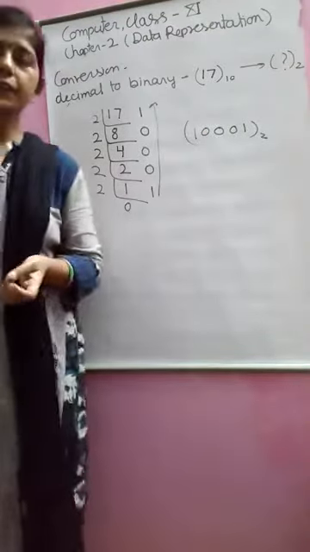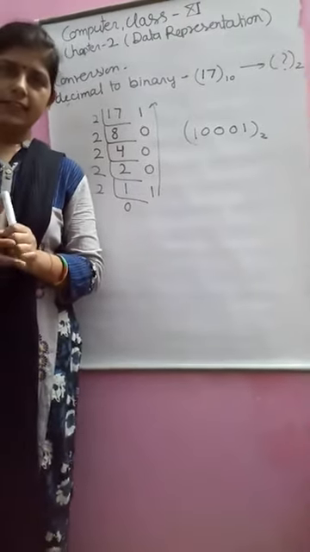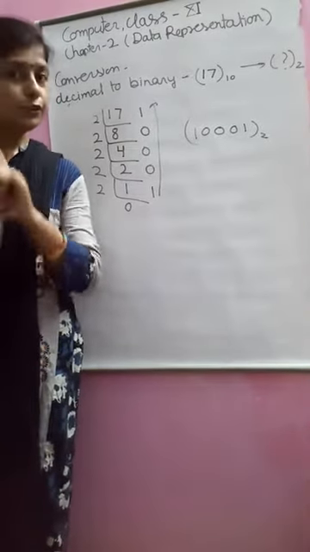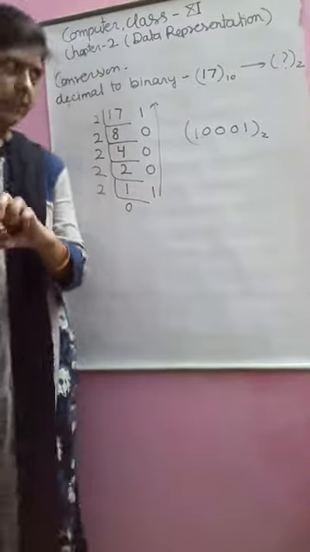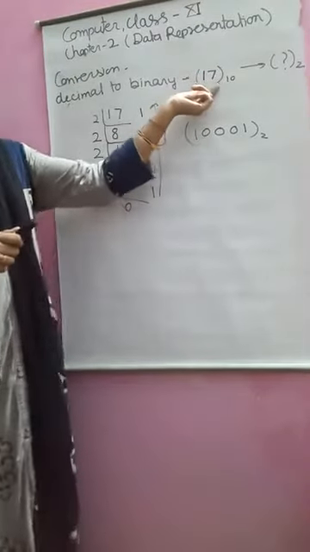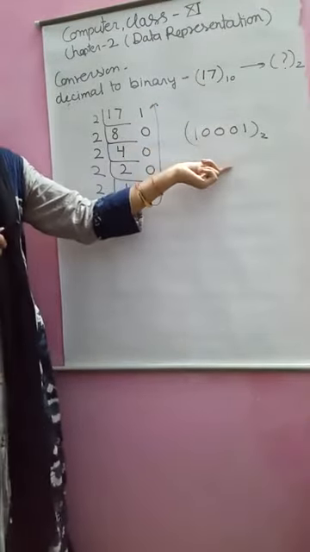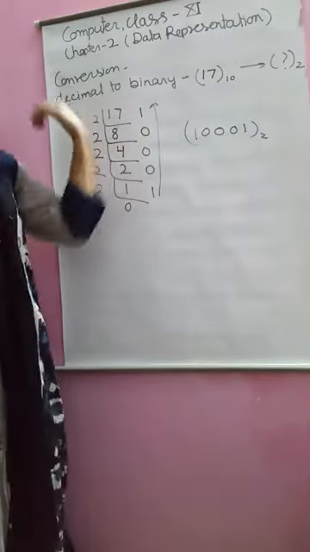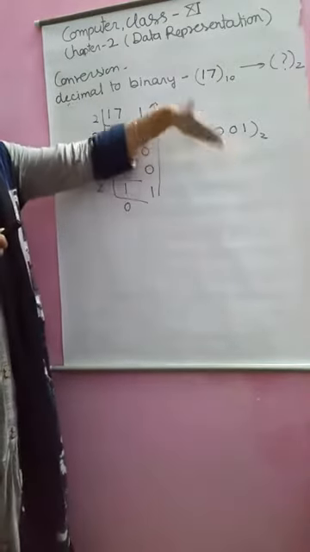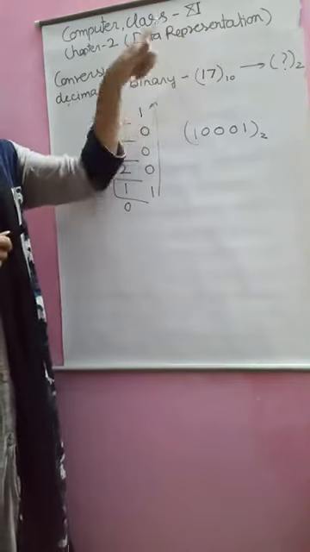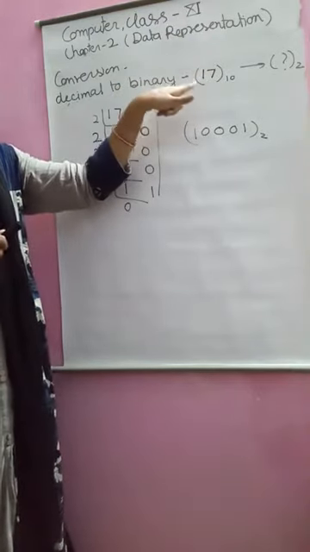Now, I told you earlier that the number value should not be compromised. It means if you take a number and convert it to binary, then when you revert back from binary to decimal, you should arrive at the same number.